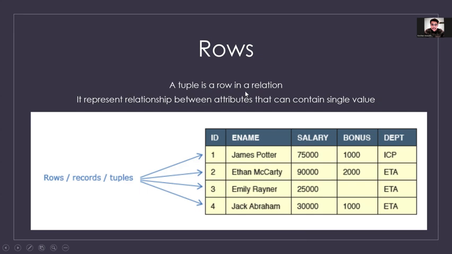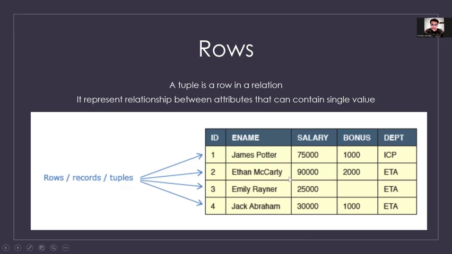In a relational database or a table, we call rows tuples also. A tuple in a relation represents the relationship between attributes that can contain a single value. In my previous slide I explained how a relation consists of different attributes as well as rows. Here you can see these are the four rows, 1, 2, 3, and 4.